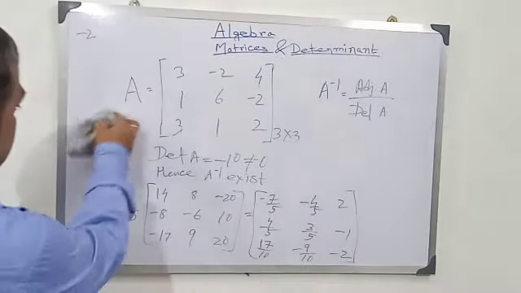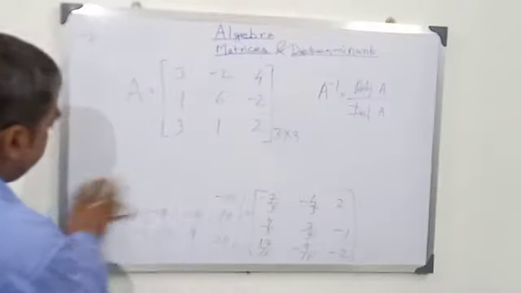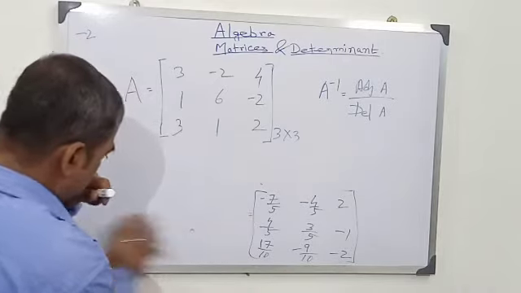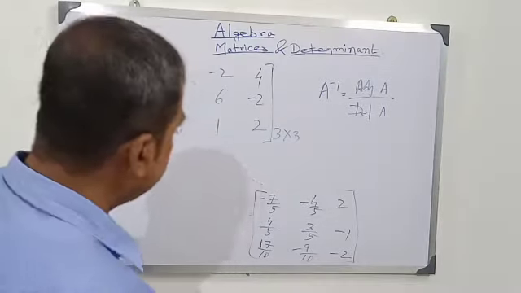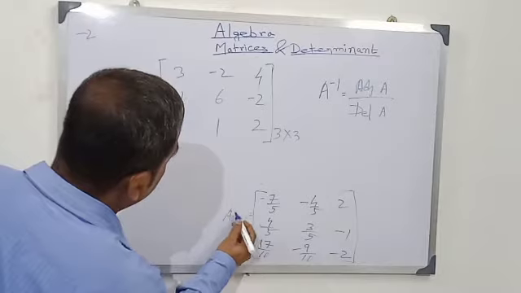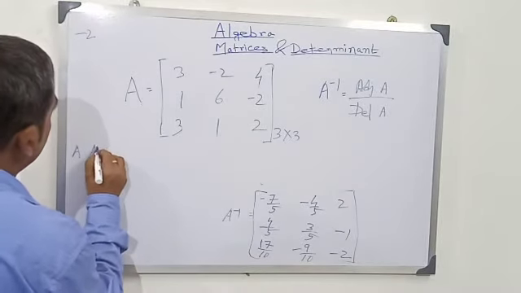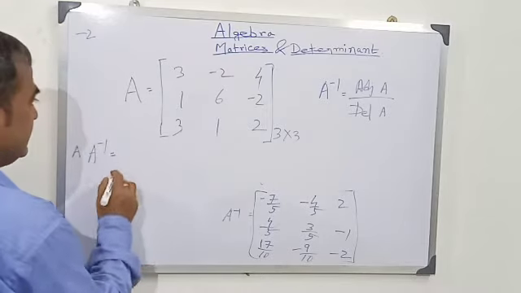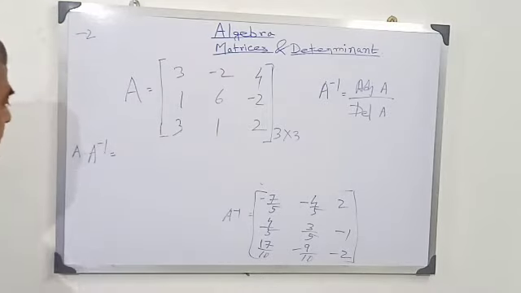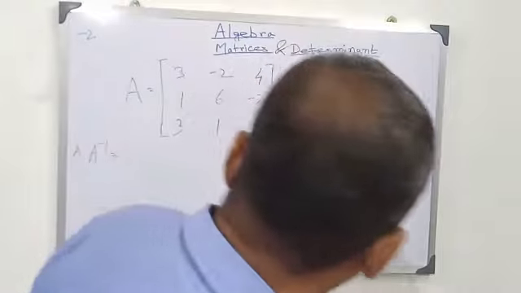Now this is A, and if this is A inverse, then accordingly A into A inverse should be the identity unit matrix of order 3 cross 3.